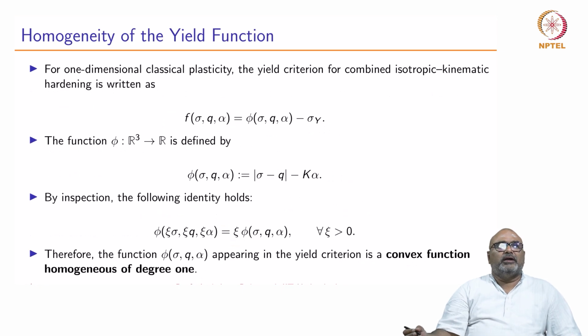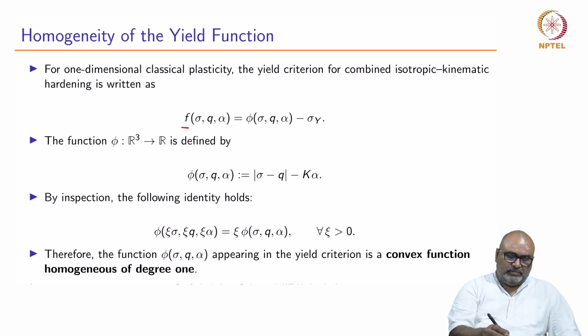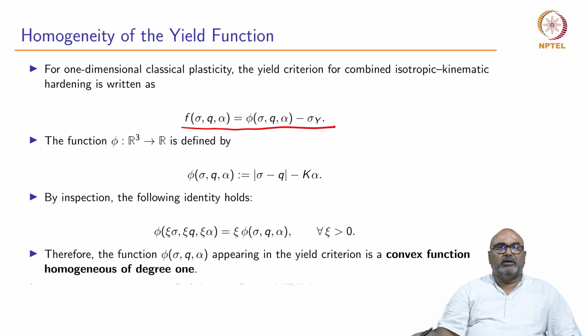Now, for one dimensional classical plasticity, the yield criterion for combined isotropic and kinematic hardening is given by this: phi of sigma, q, alpha minus sigma y. Now, the function phi is defined by sigma minus q minus k times alpha.